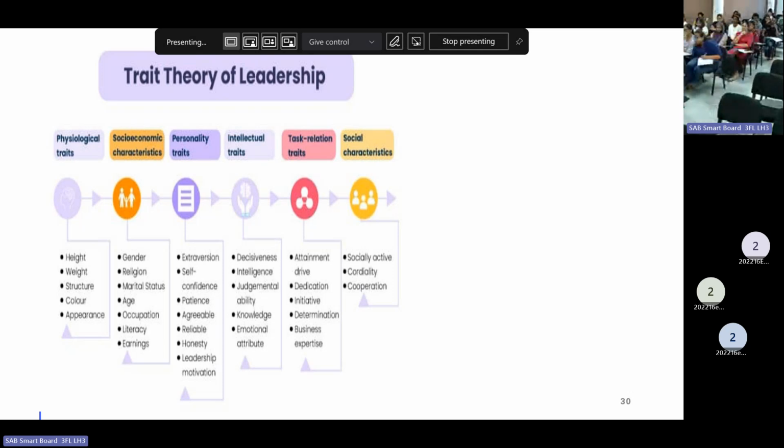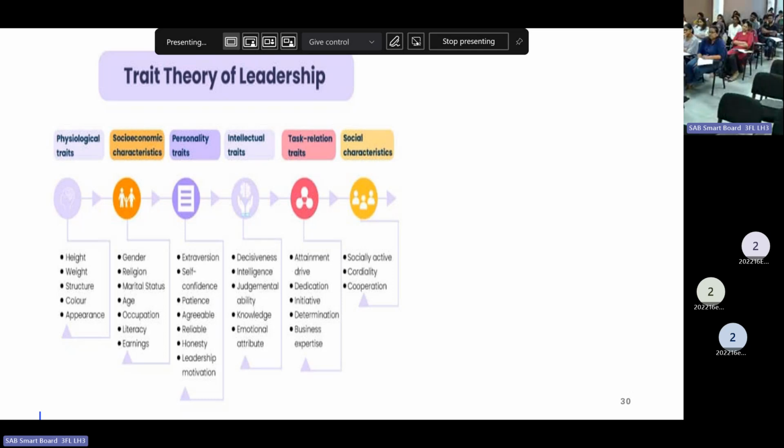Then intellectual: decisiveness, intelligence, judgment. You judge your people, and if people make wrong judgments, you have made a mistake. Then task: attainment, drive, dedication, initiative, determination, business expertise. That is task relation.